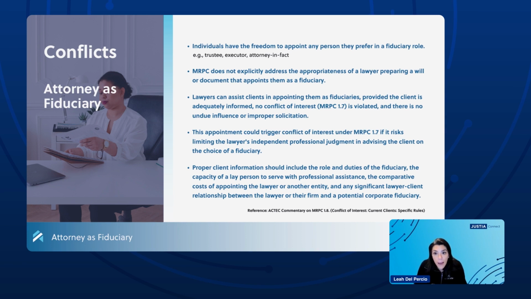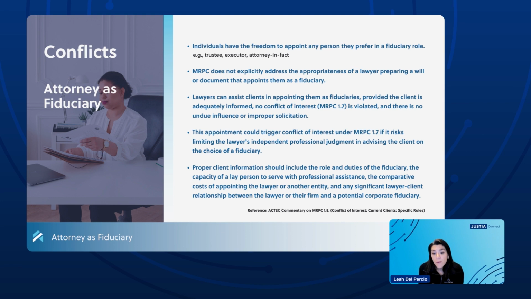So proper client information should include the roles and duties of the fiduciary. Tell the client what the trustee is going to be doing. Put it in writing if they're naming you. Even if it's a separate document, it doesn't necessarily have to be the will, but say what these duties are. Tell them about the role of a trustee or the role of an executor so they can make a better informed decision on whether it's even right for you to serve there.